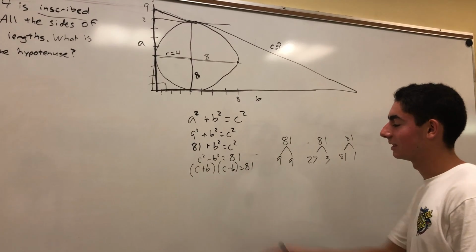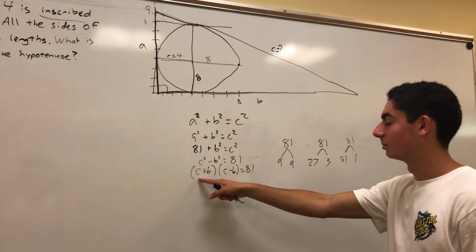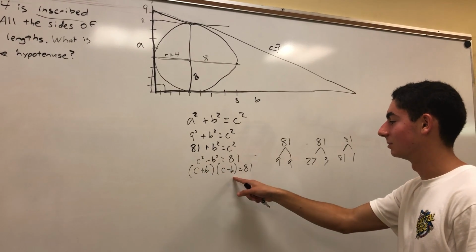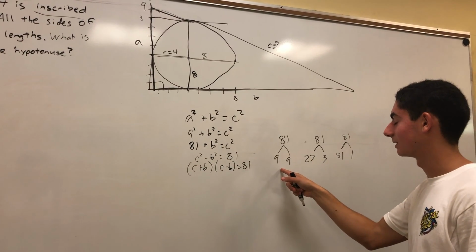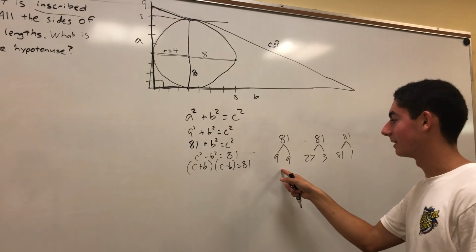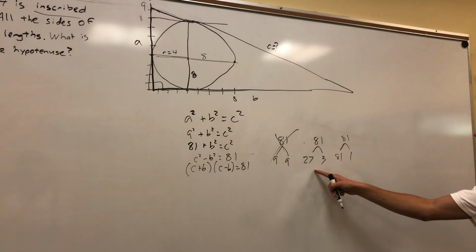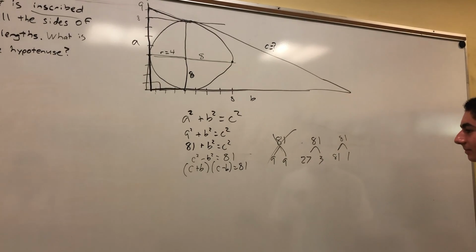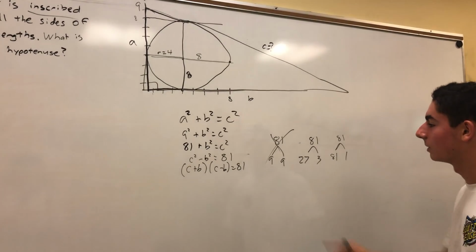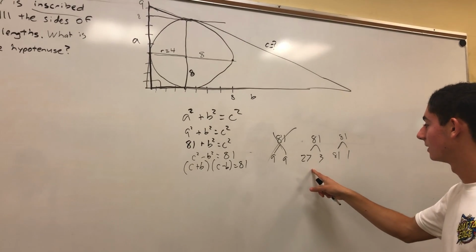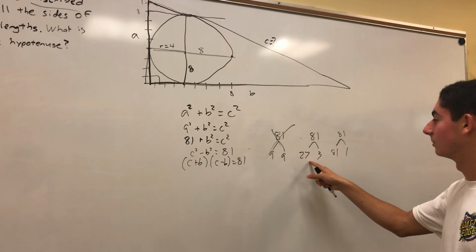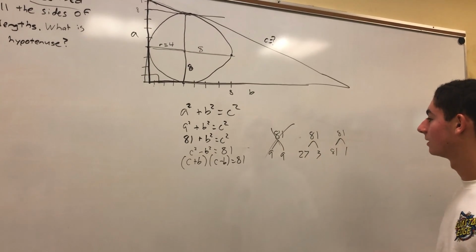We can't, because you can't have a number plus a number and a number minus a number and get 9. That doesn't really make sense, so that doesn't work. 27 and 3, I think we can do that. So what plus what equals 27, and then that number minus what gets 3.